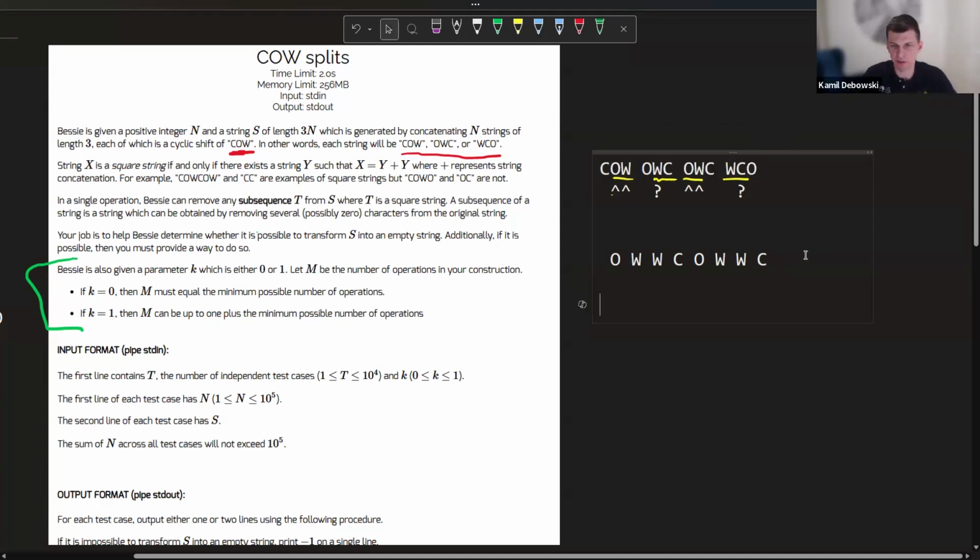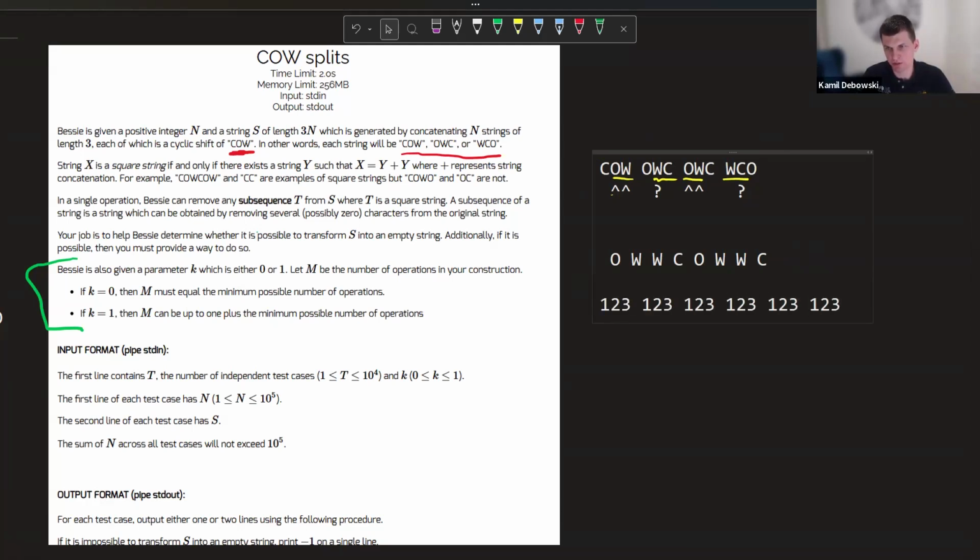If you have some triples, 1 to 3, 1 to 3, and so on, what you should do, and the full solution is, you imagine the split in the middle, you look at the first three characters and the first three characters after the half. You look at two characters that are the same, in the same order.